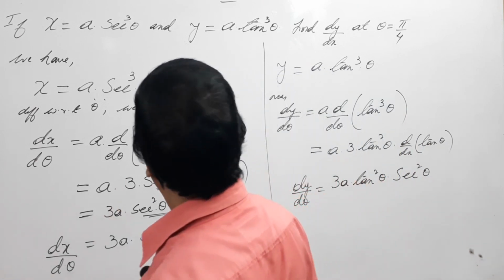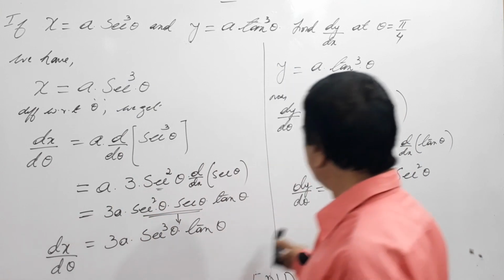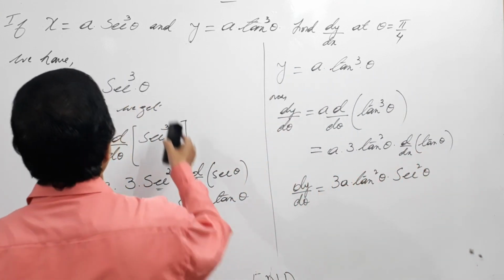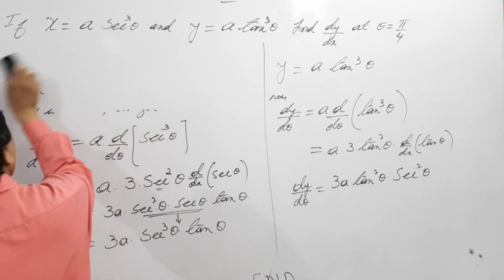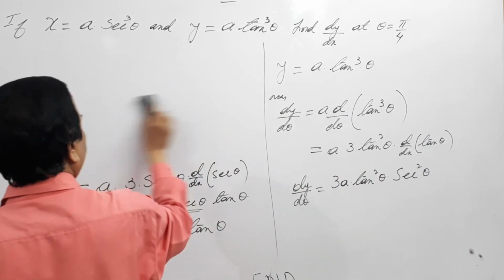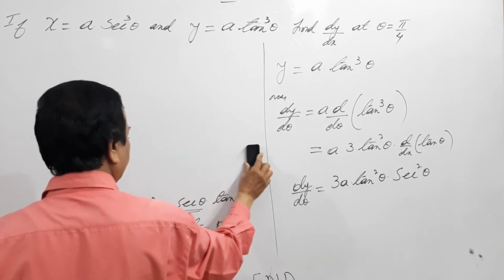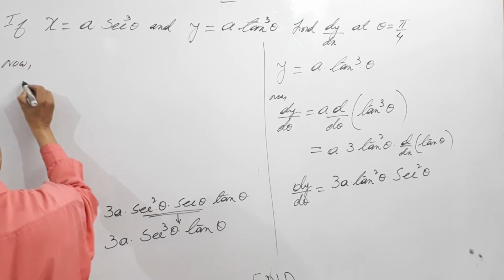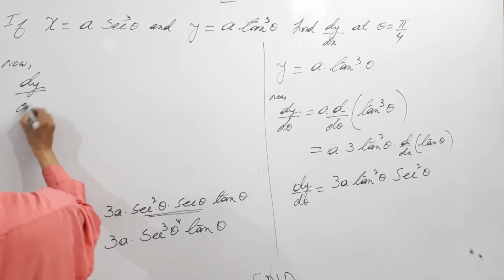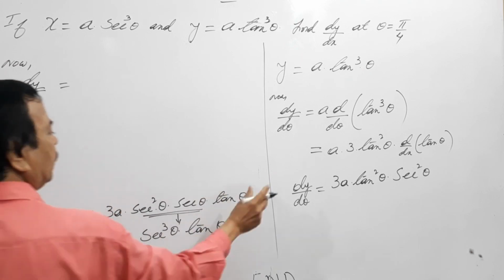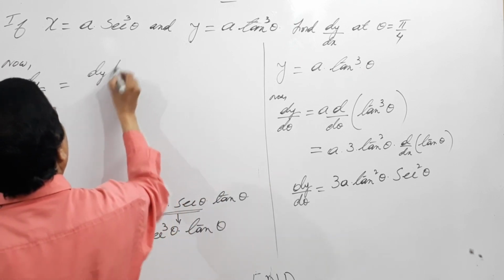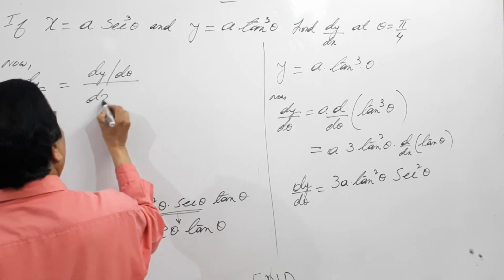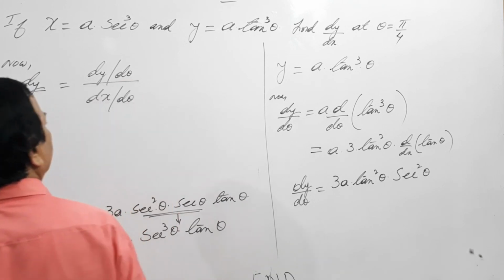So dear students, now after getting this dx by d theta and dy by d theta, we will go for dy by dx. Simple. So now dy by dx equals dy by d theta divided by dx by d theta.